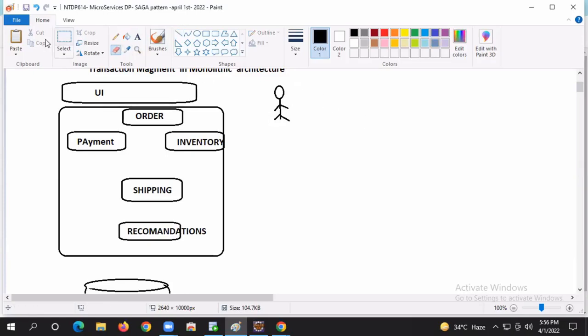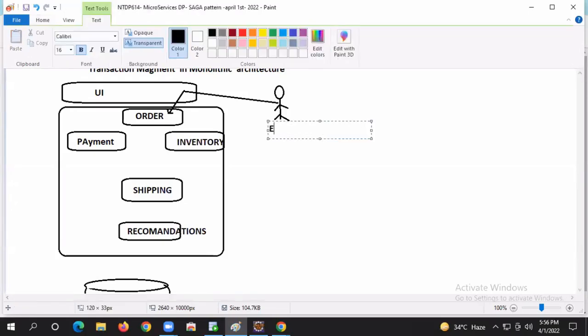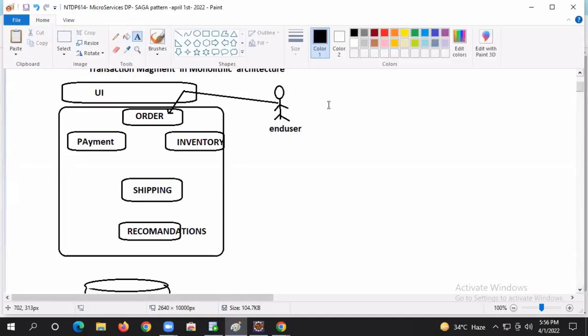This end user, through the UI, gives a request to order. Next, order is linked with payment.